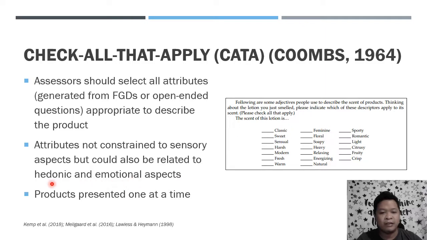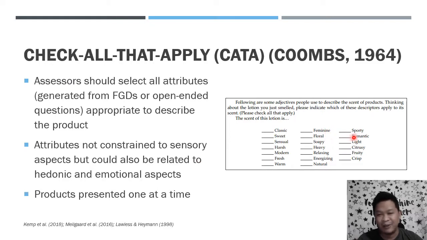And to prevent bias, the products are presented one at a time. Take note that the attributes in this case are not related to sensory aspects, but also hedonic or emotional aspects. So, talagang medyo consumer-related yung dating niya.